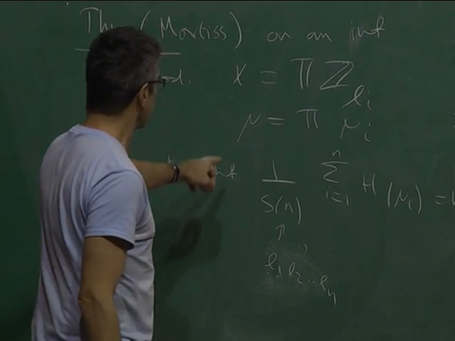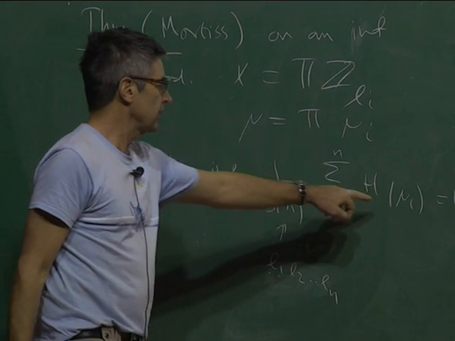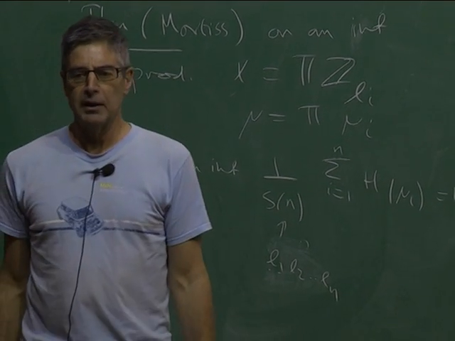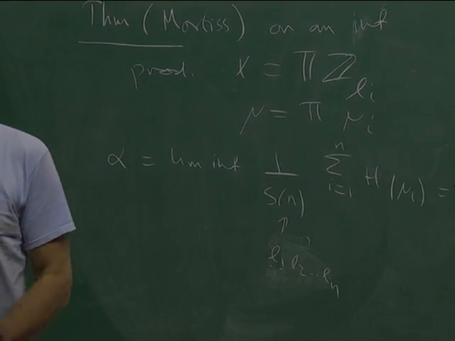So it turned out that alpha actually equals the average entropy up to the nth point.